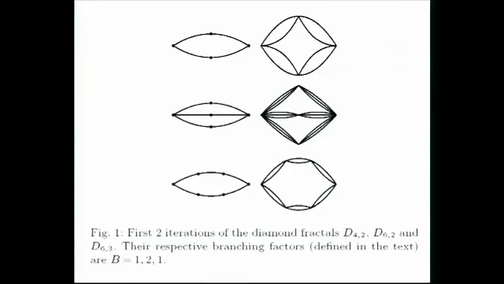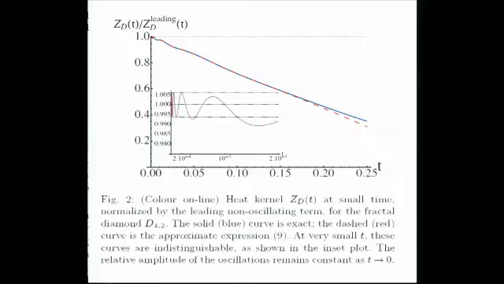It's possible to compute spectral determinants on fractals, but what we discovered is that there are some even more basic things which are not quite well known in the physics community. In this paper, we consider very simple fractals, even simpler than Sierpinski gaskets, which we call diamond fractals, and you can compute the heat kernel explicitly, and the heat kernel oscillates at small time.